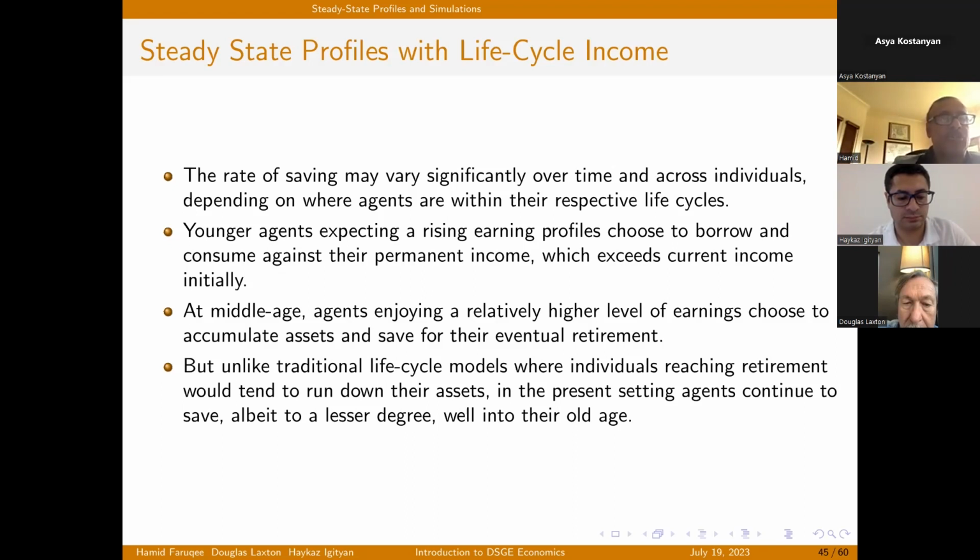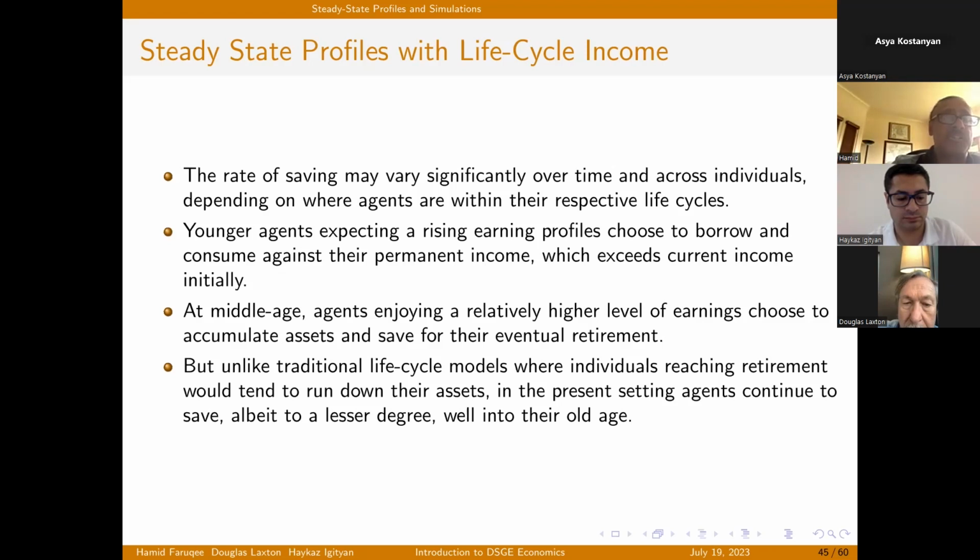But with respect to what agents would like to do, you might think of a case where agents would like to borrow initially because they see this rising income profile, but they may be income poor initially, and they would like to smooth consumption over their lifetimes and maybe borrow against some of that rising future labor earnings.